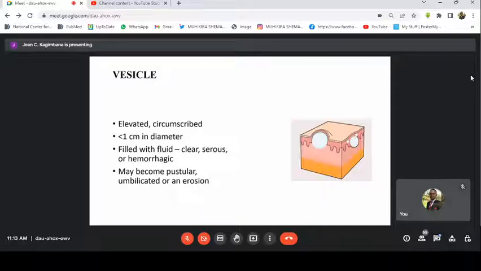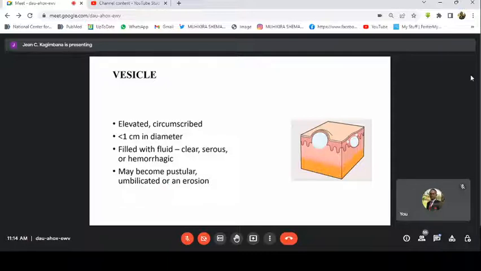According to the skin conditions the patient presents. Later on, this vesicle may rupture, or may be superinfected and change color. Then it's no more clear or serous or hemorrhagic, but it contains pus.